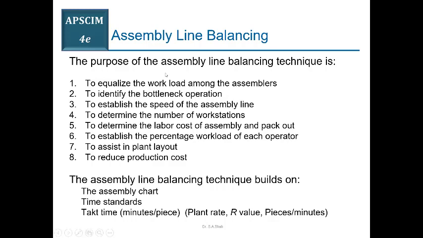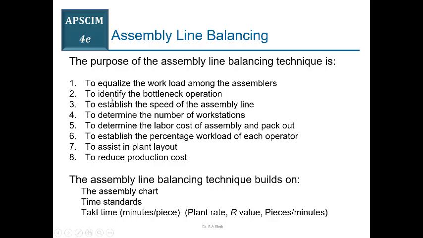So normally your task will be to equalize the workload among the assemblers. You have to distribute the workload among the workers in such a way so that you have the minimum differences in the operational times of the workstations.